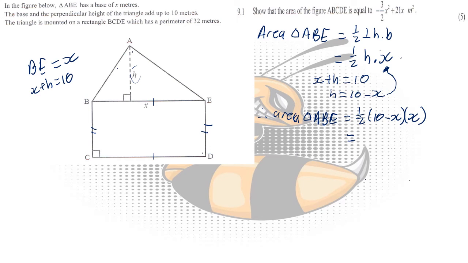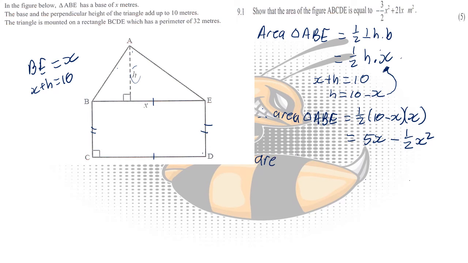Now if we simplify that a little bit, it's going to give me 5x minus a half x squared, because I take the half and the x and multiply it in. So a half times 10 gives me 5, and 5 times x gives me 5x, and then a half times minus x times x gives me minus a half x squared. So now we have the area for the triangle.